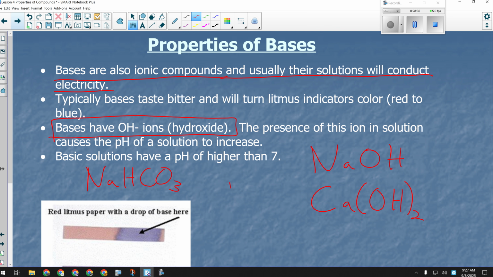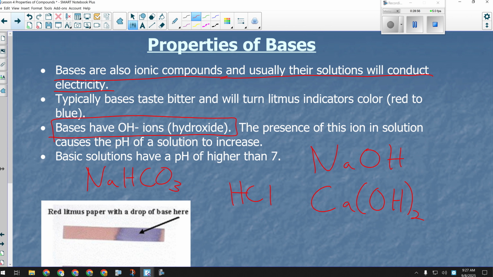Nope, that's this stuff. HCO3, right up here. That stuff is sodium hydrogen carbonate. You probably have a box of it in your fridge. What is it? You were right. Baking soda.